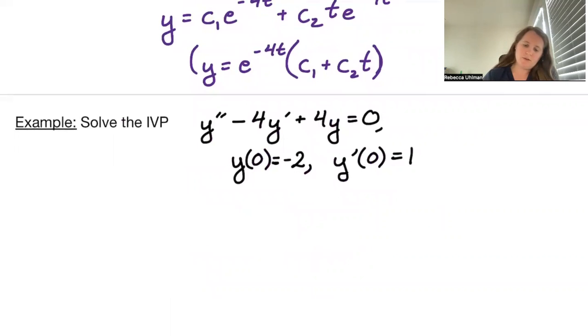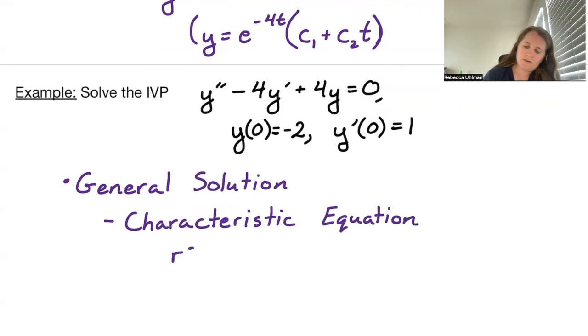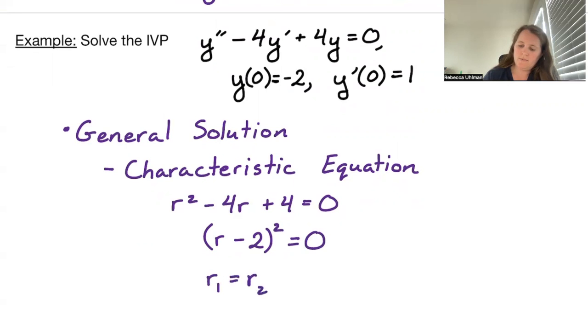The first thing we want to do is find the general solution, so we will do our characteristic equation, which is r squared minus 4r plus 4 equals 0. This left-hand side is (r minus 2) squared, that's equal to 0. So r1 and r2 are the same, and they are our repeated root 2.